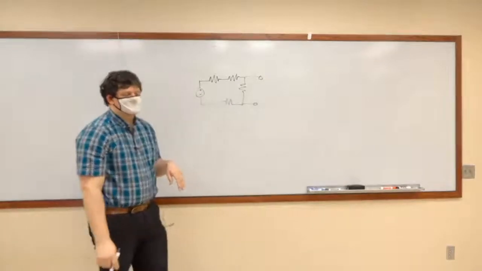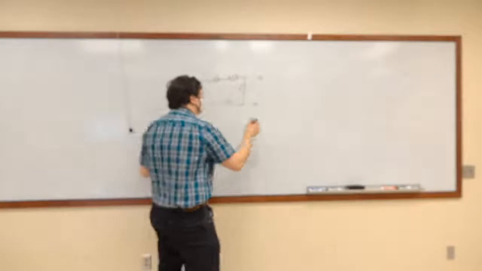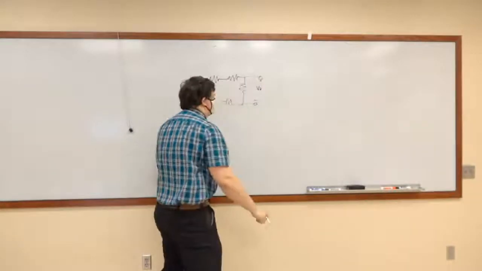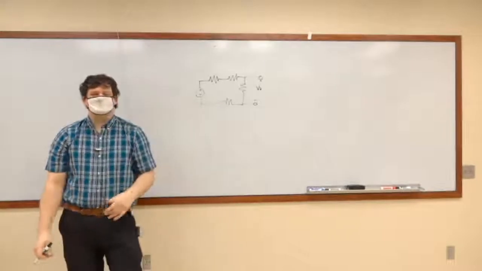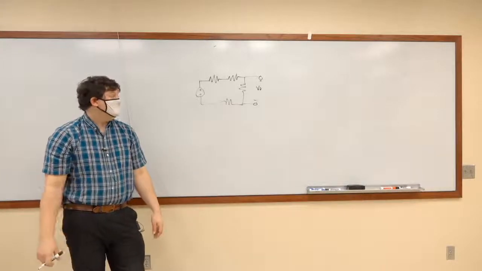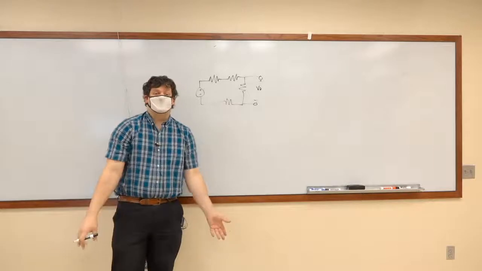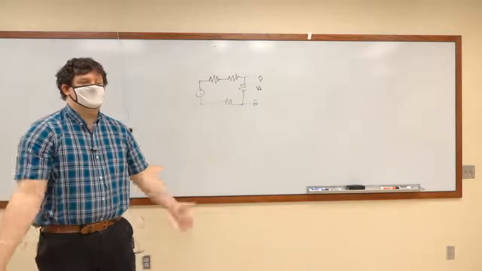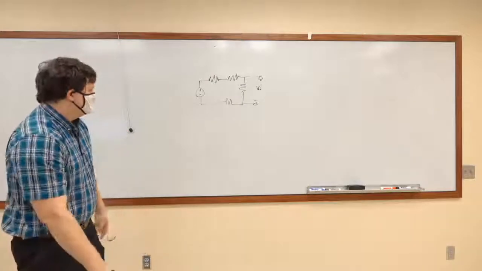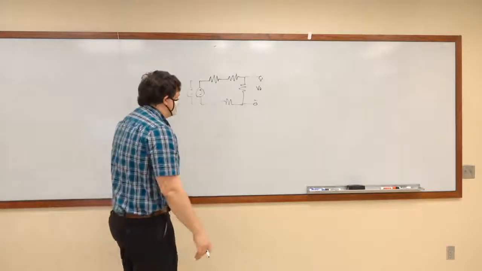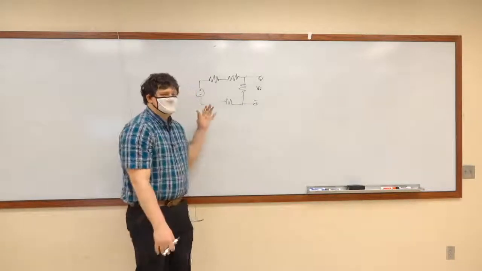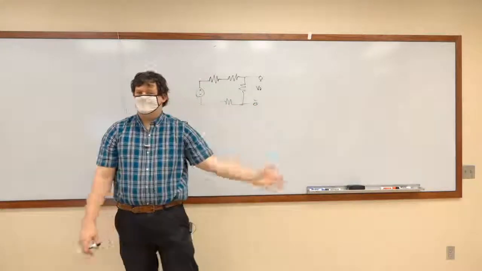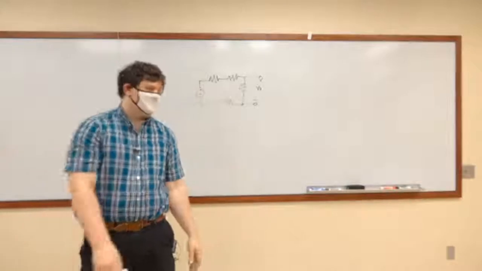And oftentimes the way that this is represented is like this. I have terminals just sticking out of my circuit, and I will plug something into those terminals, and I will get some kind of behavior out of it, okay? I'm going to be using this circuit to power a different circuit that I haven't decided yet.